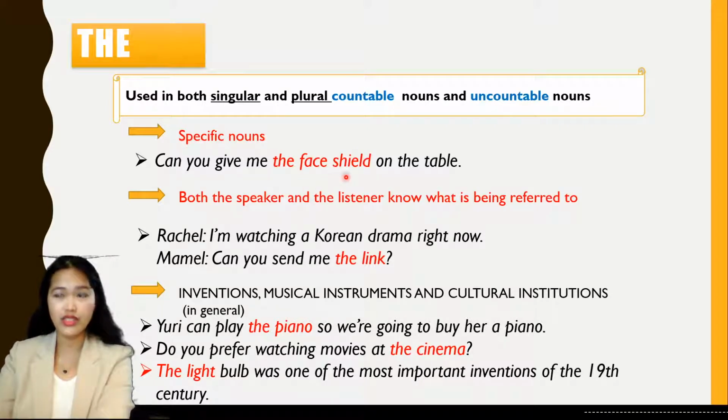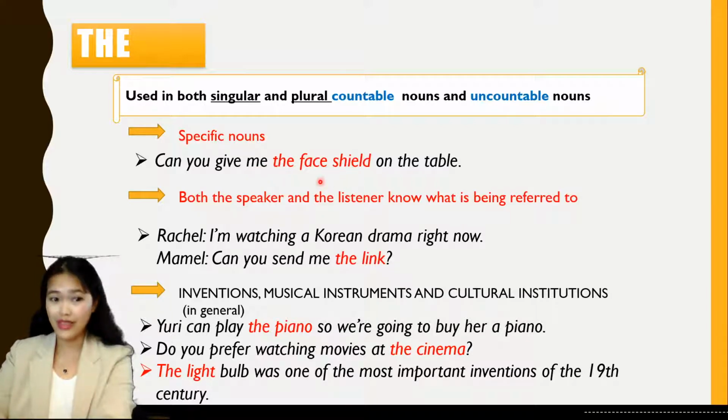The face shield on the table, not the face shield from the floor or in the store, or the face shield in my room, but particularly the face shield on the table. Okay? There must be only one face shield. It's there, singular, and it's on the table. There must be one because we use the.